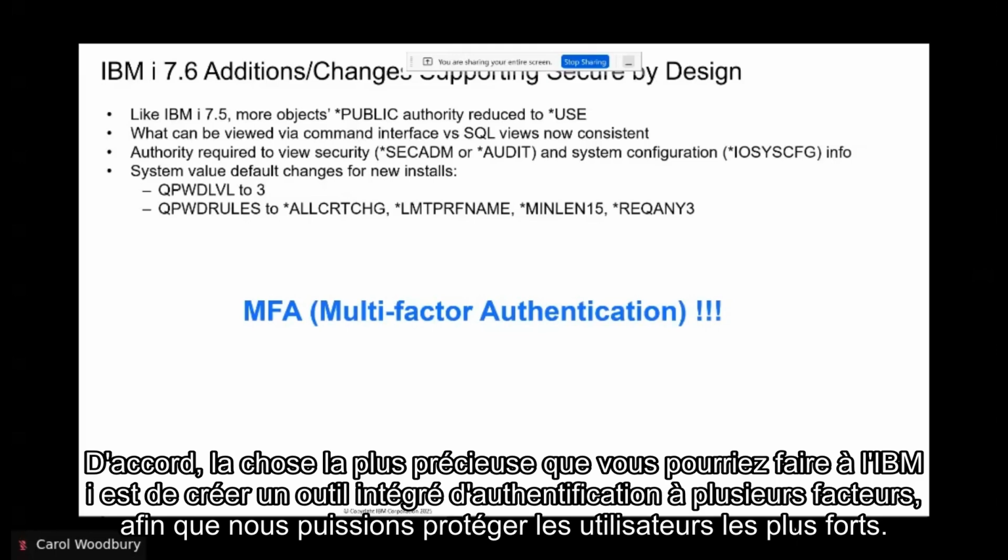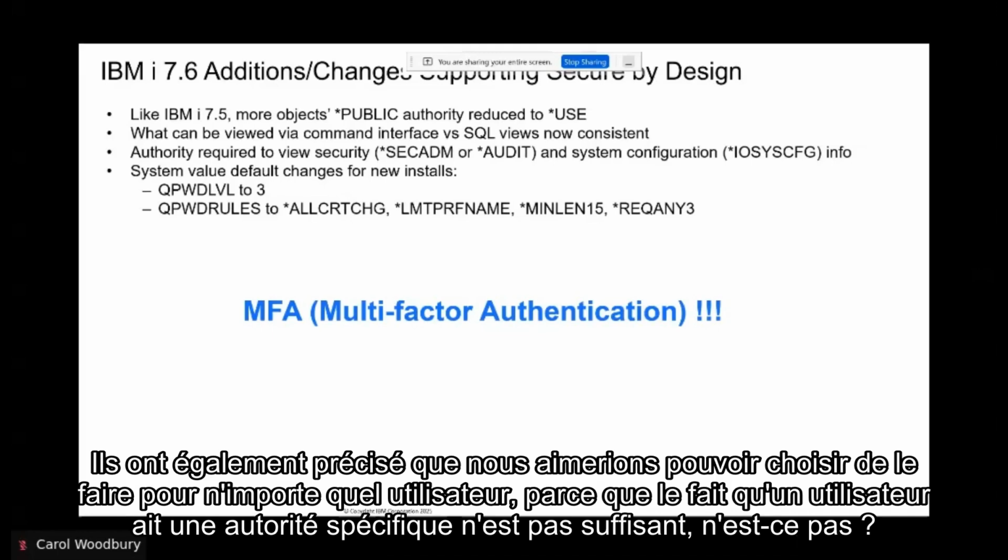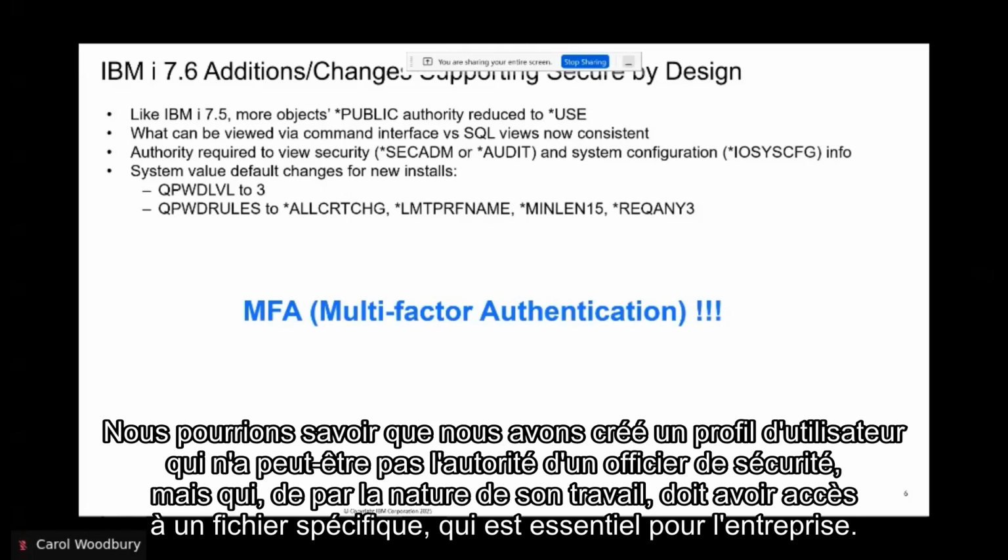Now, they also said we'd like to be able to select to do it for any user, because just because a user has a specific authority is not enough, right? We might know that we created a user profile who may not have security officer authority, but by the nature of their job, they have to have access to a specific file, which is critical to the business, we want to make sure that person's profile is protected by MFA.